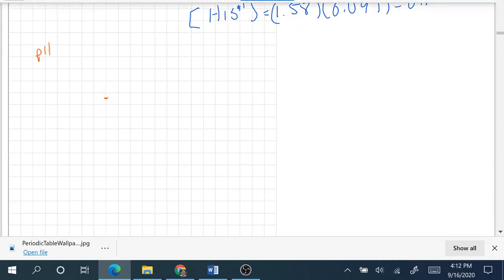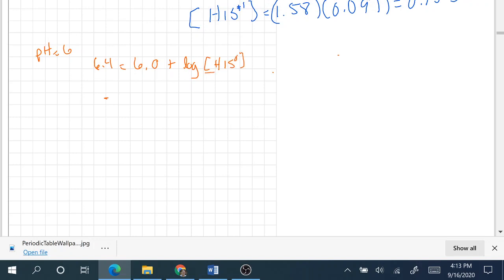Alright, and so we've got pH is equal to the pKa, which is 6.0. Our pH is 6.4. So let's go ahead and add that in. The pH is equal to 6.4, so pH 6.4 is equal to 6.0 plus the log of His 0, that's our A minus for this reaction, over His plus 1.